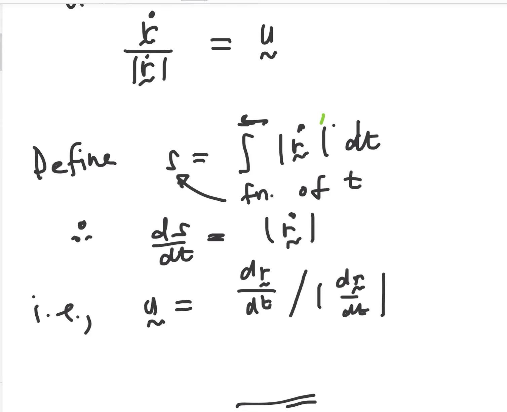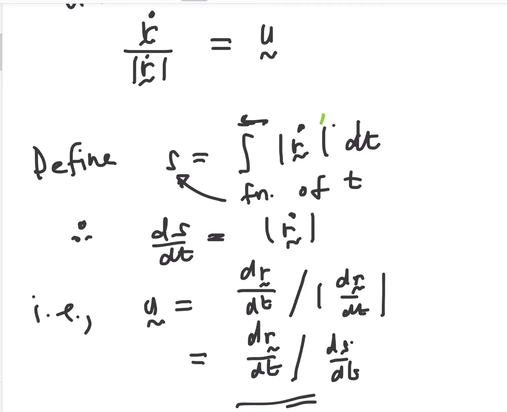This denominator is essentially just your magnitude of r dot. So now if you rewrite that slightly, this is dr dt, where r is a vector, divided by the mod of r dot, which is ds dt. So this is ds dt.